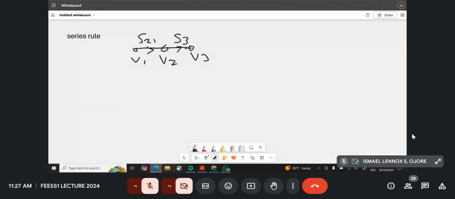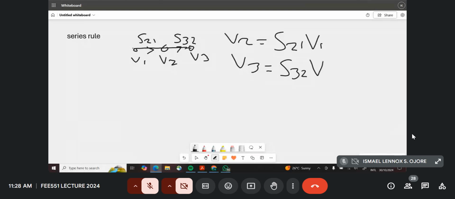So for the series rule, we'll take here V2 will be equal to S21 V1, and V3 will be S32 V2.